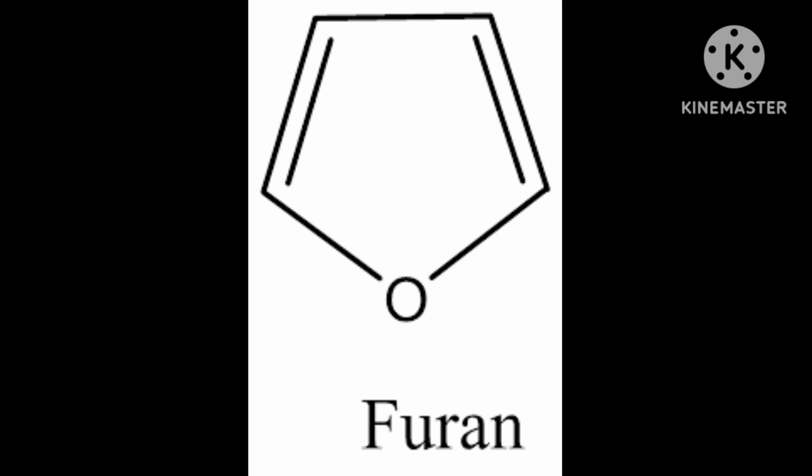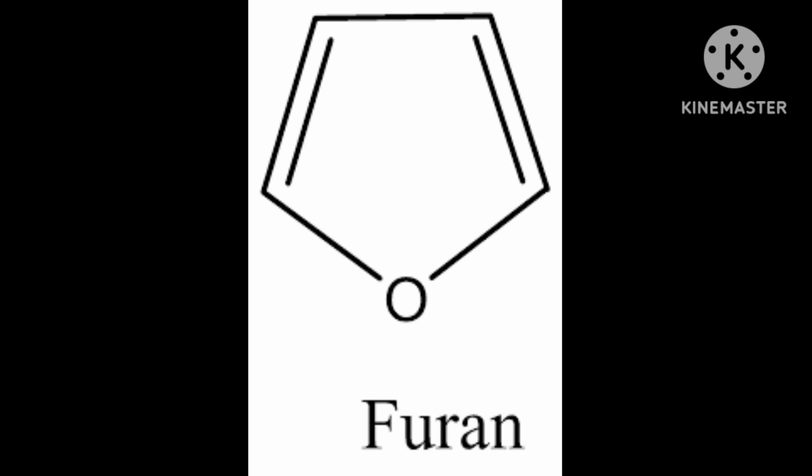Then on carbon number 2, CH2OH is joined. That CH2OH carbon is the first carbon. And in the end, from carbon number 5, CH2OH is joined. That CH2OH carbon is 6. Correct?